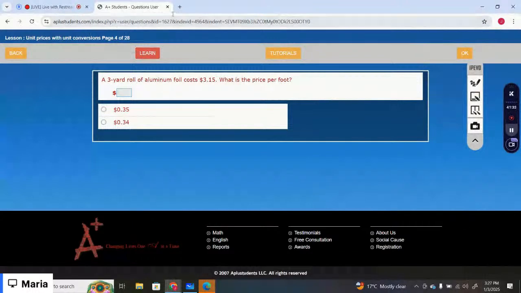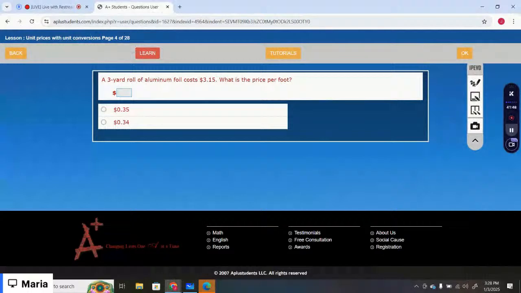A 3-yard roll of aluminum foil costs $3.15. What is the price per foot?